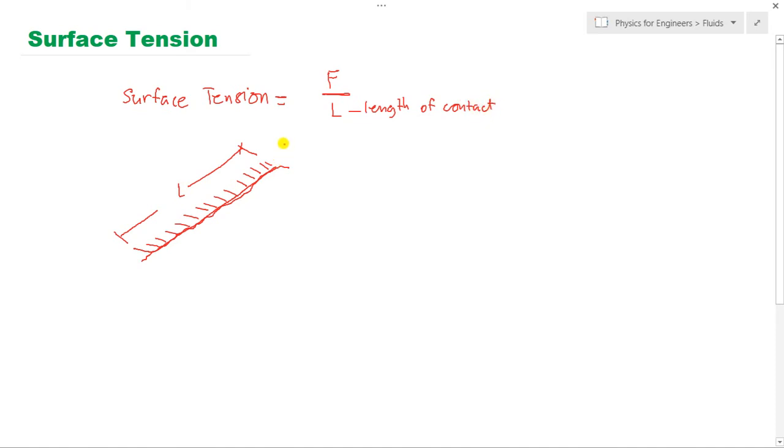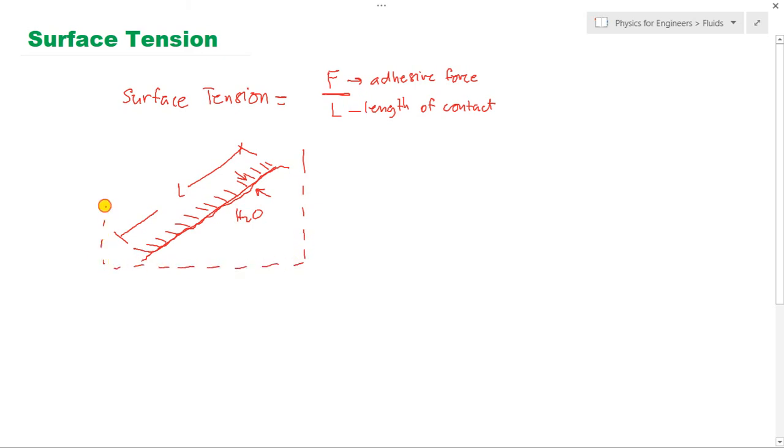Then of course there is the force between them, which is called the adhesive force. It is the force that acts between the surface of the object and the surface of the water, H2O. There is a force attracting them. So what is the magnitude of the surface tension in this example?